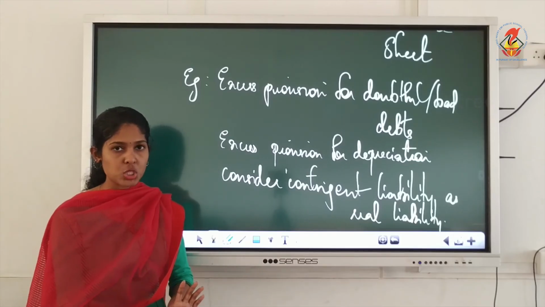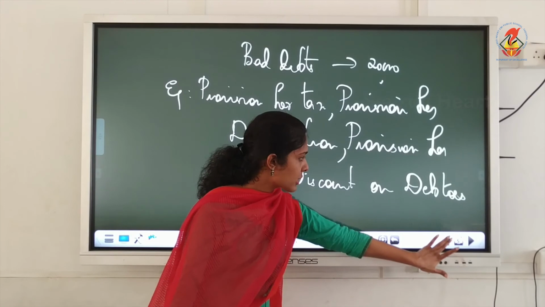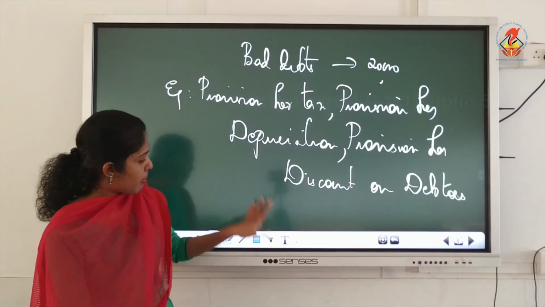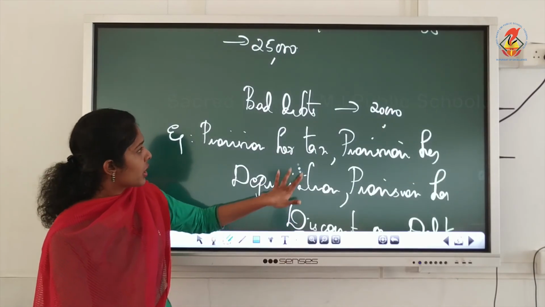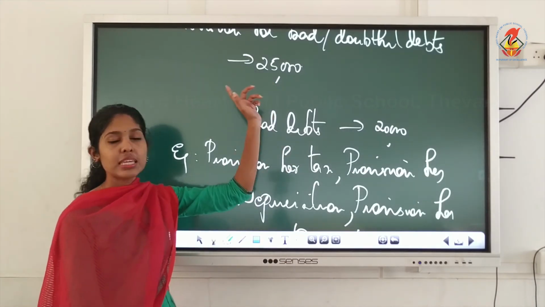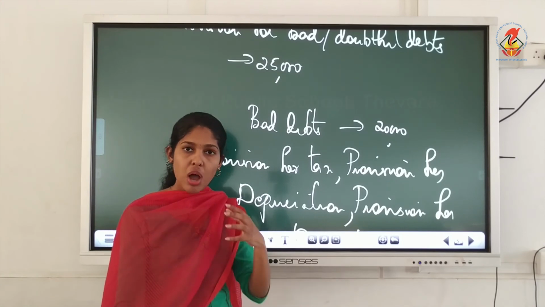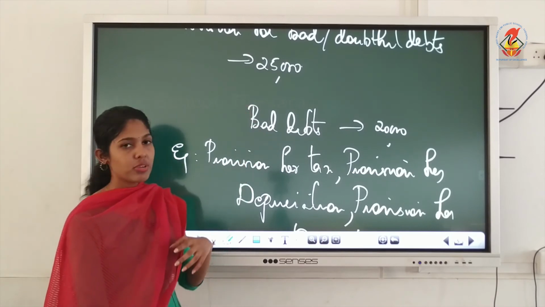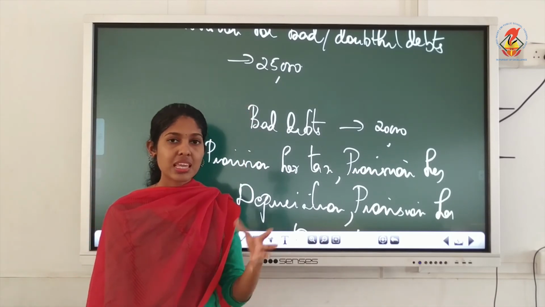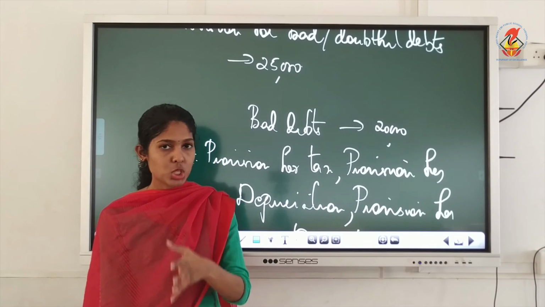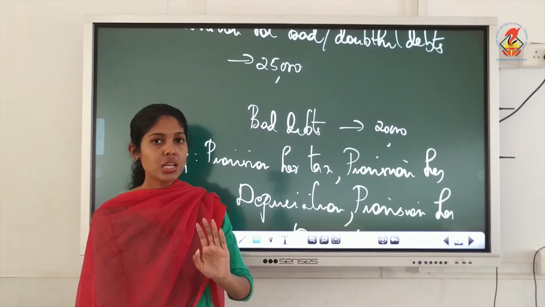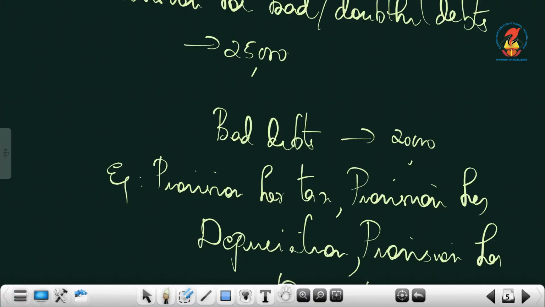One is excess provision, that we discussed in the first example, no? With that 25,000, I gave you one example. Bad debts were 20,000, but we kept a provision of 25,000. So after meeting bad debts, we still have a balance of 5,000 in the provision. The same thing can happen in case of provision for depreciation also. Can we make use of that 5,000 for any other purpose?